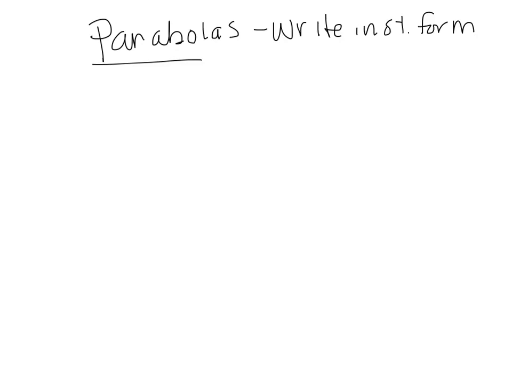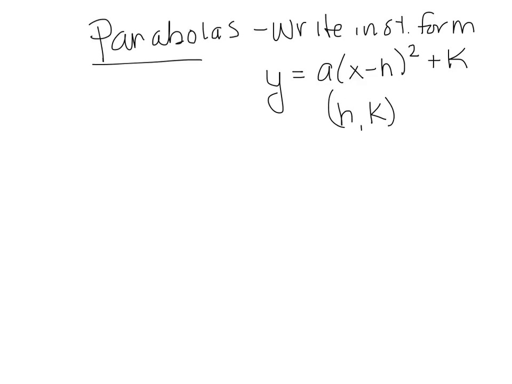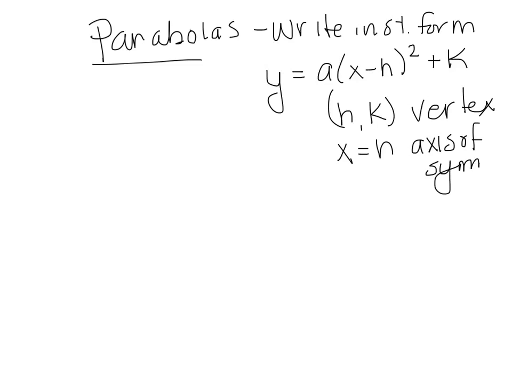The standard form, if you remember, was y is equal to a(x minus h) quantity squared, plus k, where (h, k) is our vertex of the parabola, x equal h is our axis of symmetry, and plus or minus a gives direction of opening.